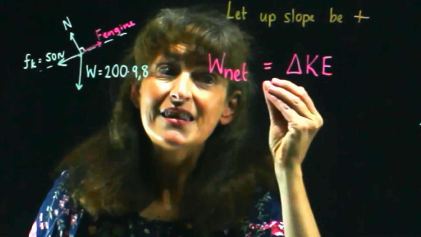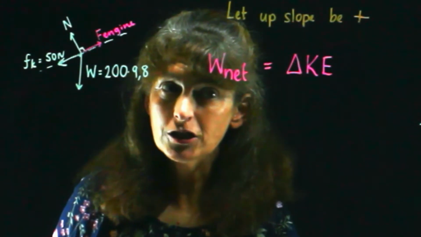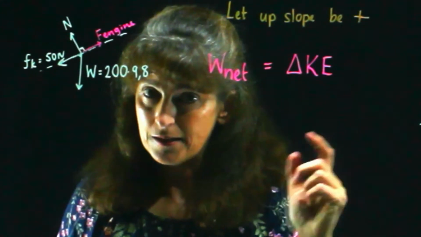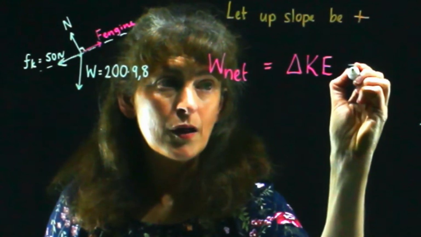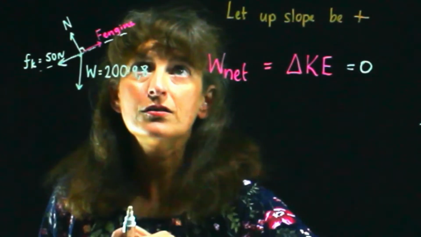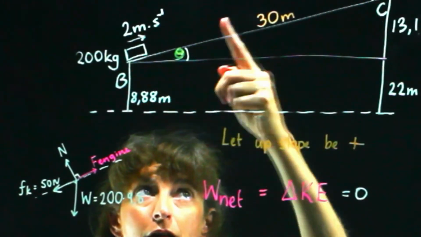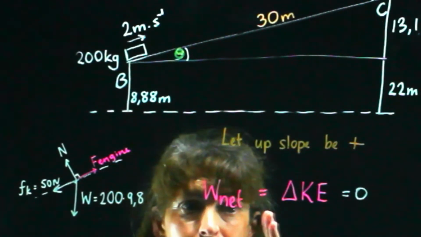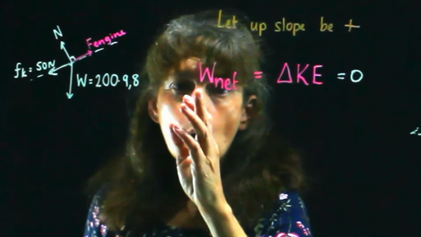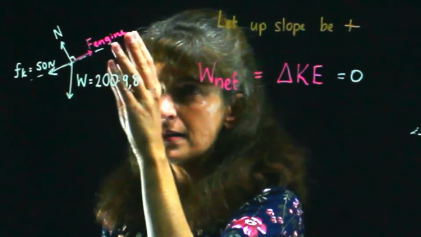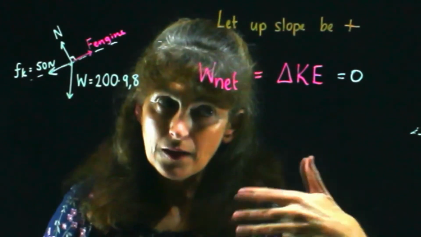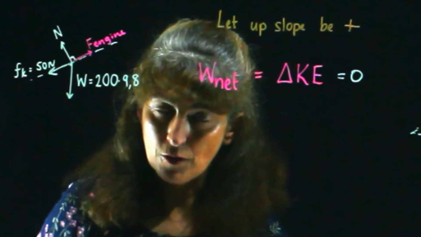Now we know that in this particular situation, the change in kinetic energy is 0 because the mass hasn't changed and the velocity hasn't changed from B to C. So, all the work done by the individual forces together adds up to 0.